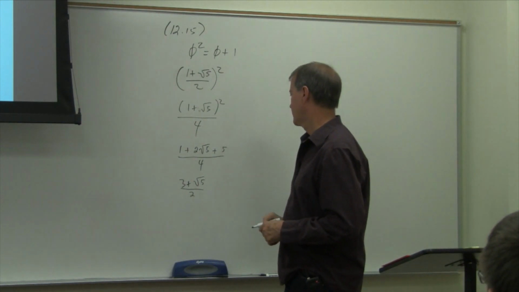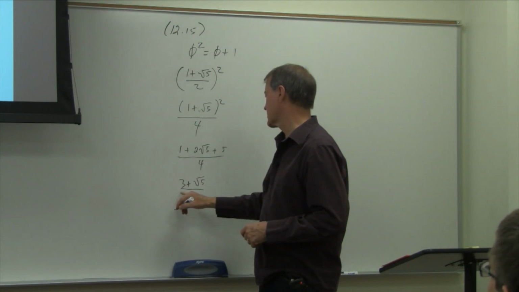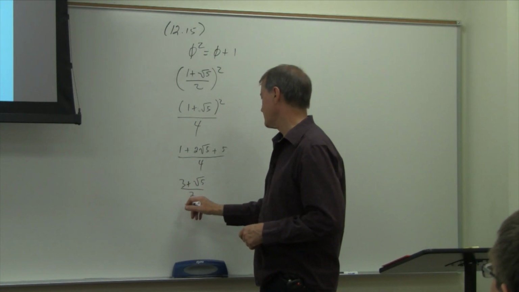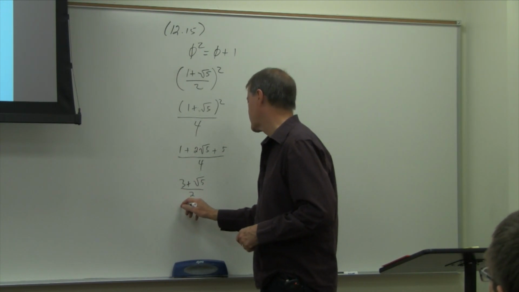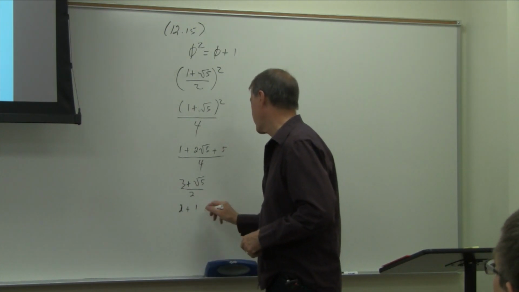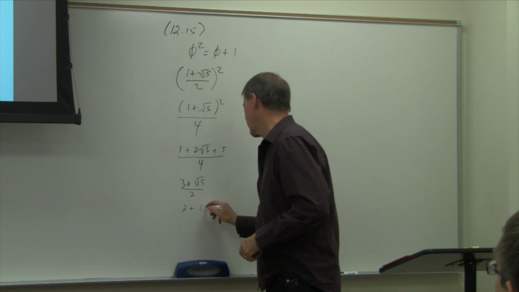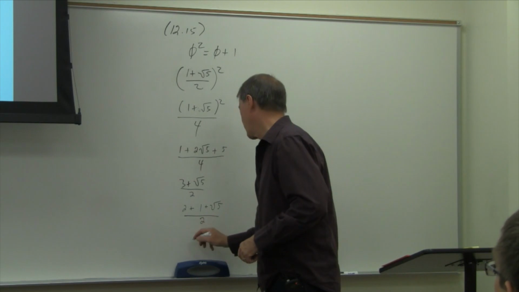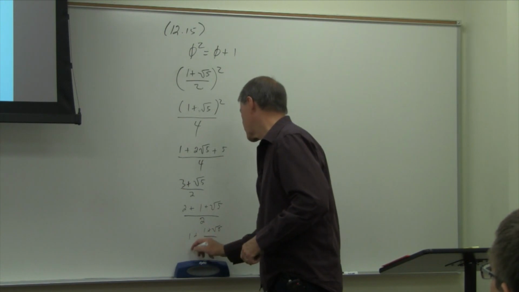Yes, this is right, because 3 plus root 5 over 2 is 2 plus 1 plus root 5 over 2, which is 1 plus 1 plus root 5 over 2, which is 1 plus phi.